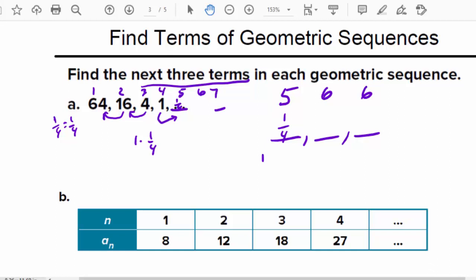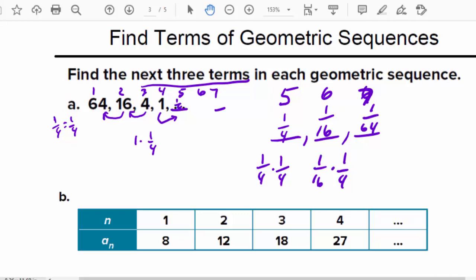Well, I take term 5, which is 1/4, and times it by the common ratio of 1/4, and we end up getting 1/16. Then how do we find term 7? We take the previous term, which is 1/16, and times it by the common ratio of 1/4. We end up with 1/64.